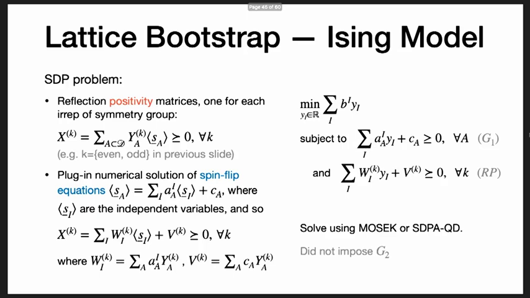And then you're trying to solve this SDP problem. Minimize one of the variables, some cost function, a linear function of the independent variables, subject to the first Griffiths inequality, the easy one. It's just that it has to be positive. And subject to the reflection positivity constraints in terms of these positive semi-definite matrices in terms of the independent variables here. And K is just labeled for each E-rep using SDP.